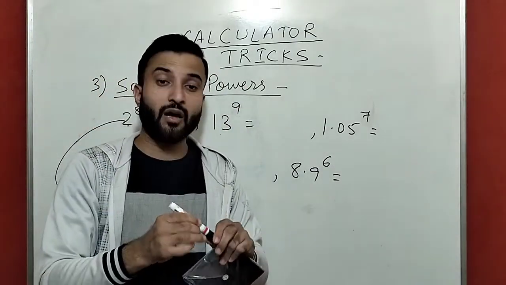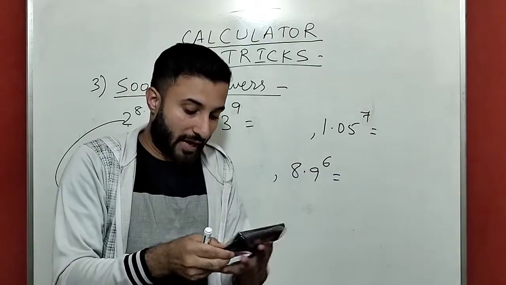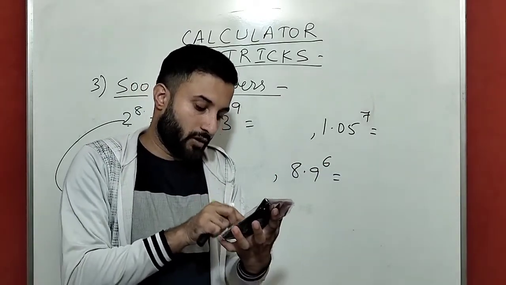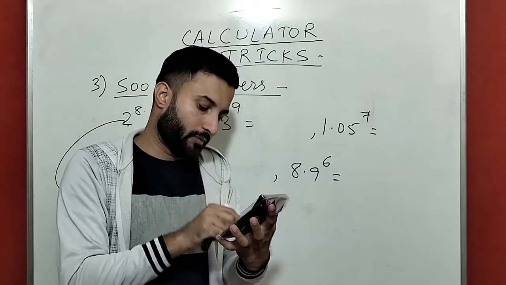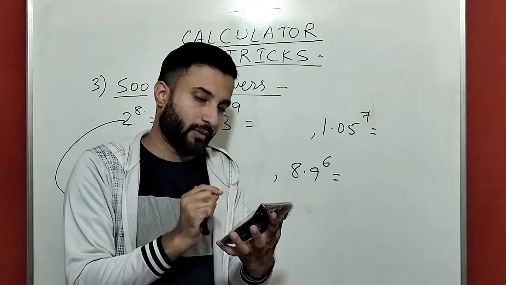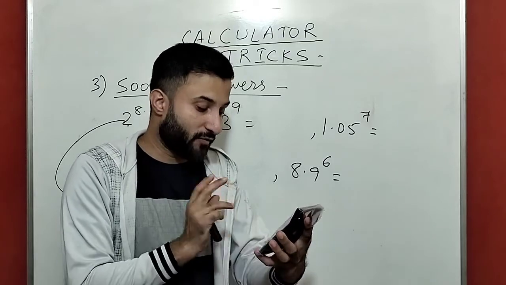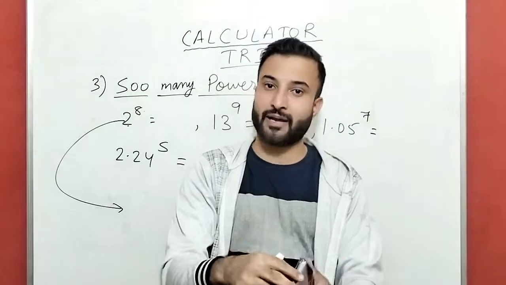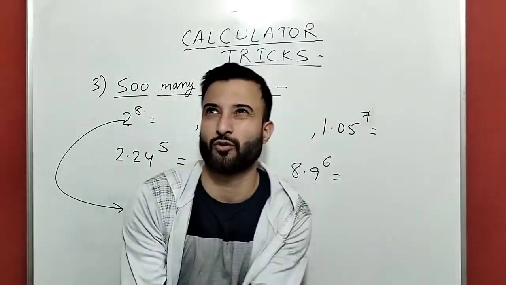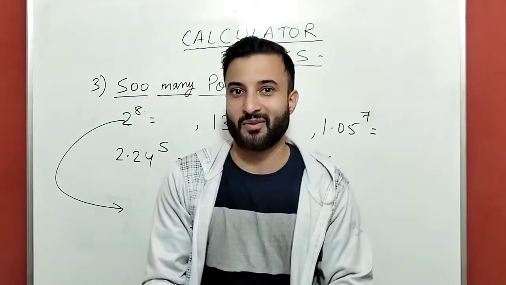So guys, it is a long process. You are typing 1.05 into 1.05 into 1.05 into 1.05 till you find the answer. Examiner will say, better timer. You say 2 minutes. So this thing will happen.